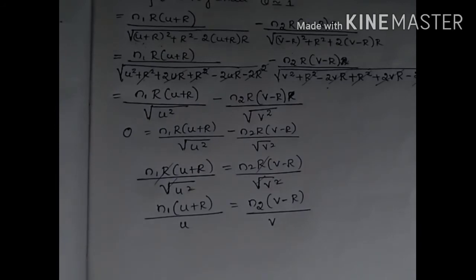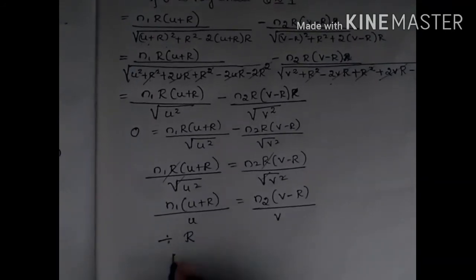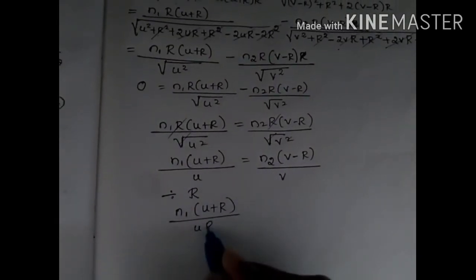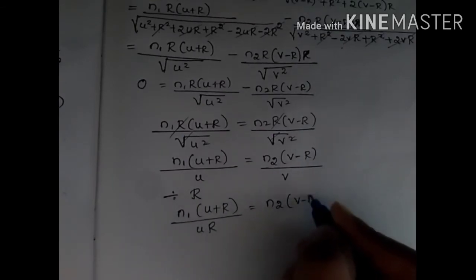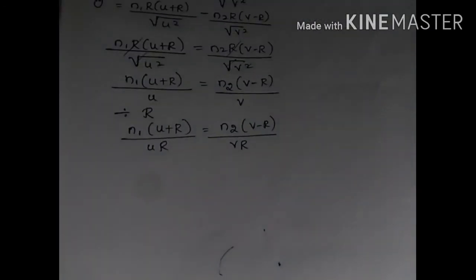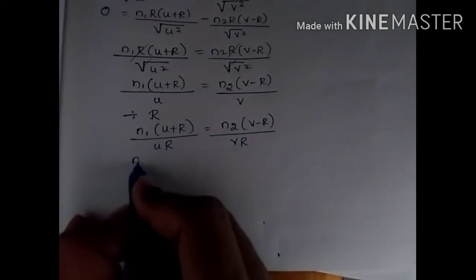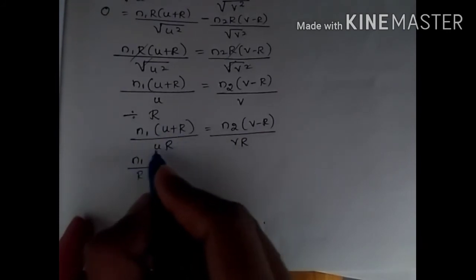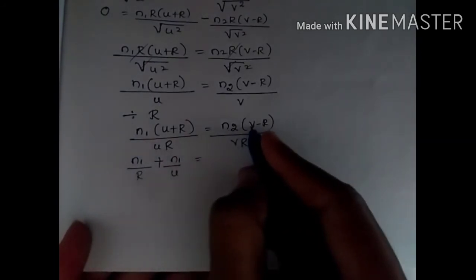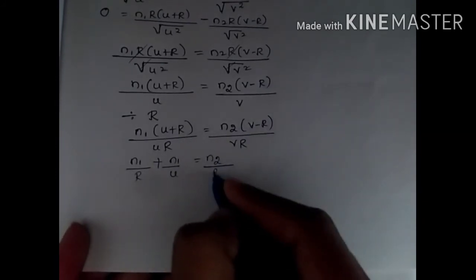Now divide this equation by r. If you multiply n1 u by ur, you will get cancelled, what remains is n1 by r plus n1 r by ur, r gets cancelled, n1 by u, which equals n2 v by vr, so v will get cancelled, what remains is n2 by r.